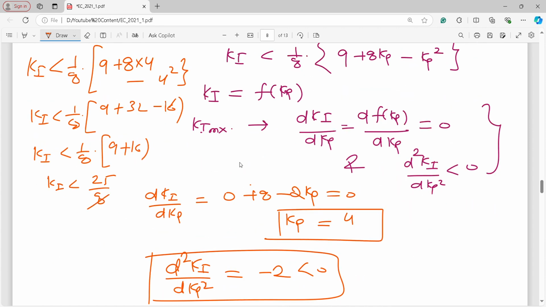Let us solve 25 by 8: the maximum value coming is 3.125, otherwise less than that. Because they are asking about the maximum value, it will be 3.125.